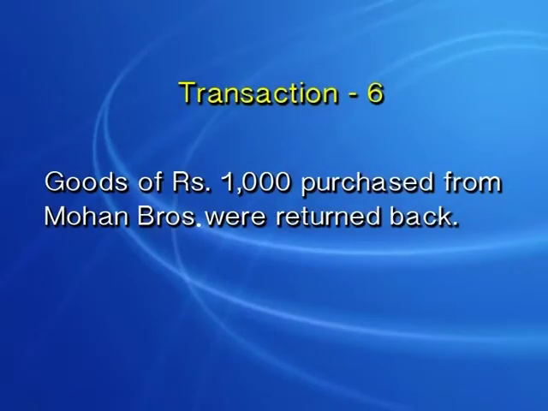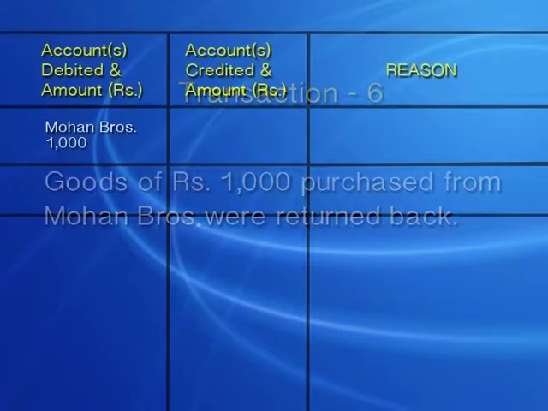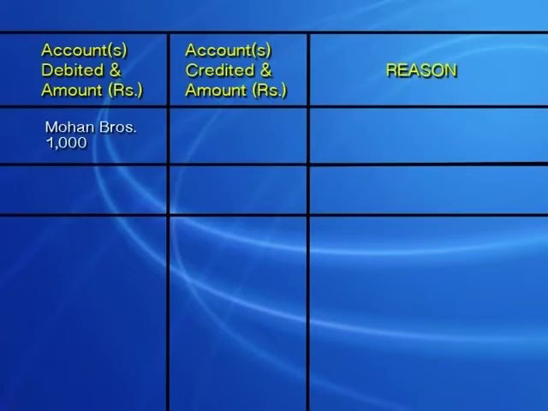Let us have another example, goods of rupees 1,000 are purchased from Mohan Brothers and now are returned back. So, you are returning back the goods. So, it is a purchase return transaction. So, one account will be purchase return for sure. Second account, because you are returning these goods to Mohan Brothers, it is a credit transaction.